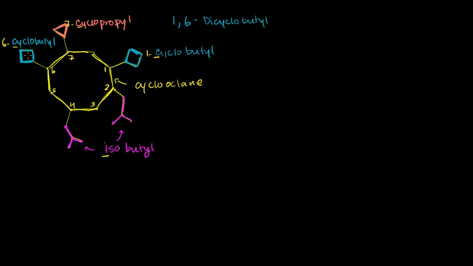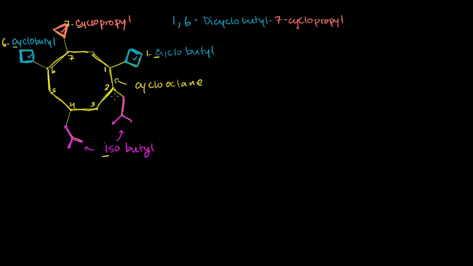And then, we got those 2 guys out of the way. And then alphabetically, cyclopropyl is next. So then we have a 7 cyclopropyl. Let me do that in that orange color. 7 cyclopropyl.